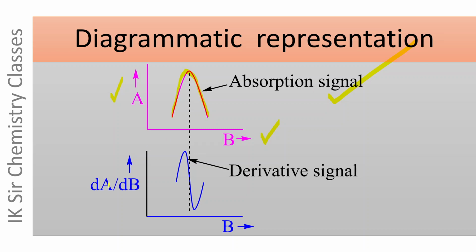On the other hand, if dA by dB is plotted against external magnetic field, the signal obtained is called derivative signal. It is one absorption signal and here also it is one derivative signal, not two signals.